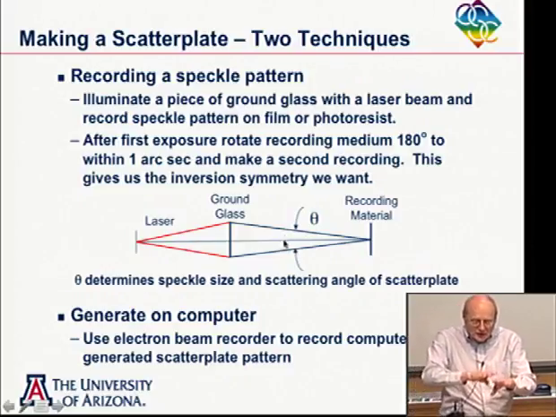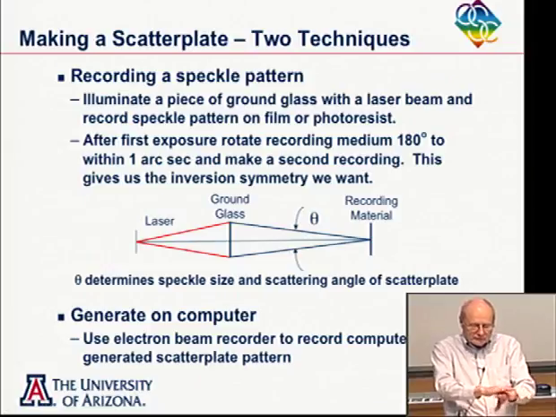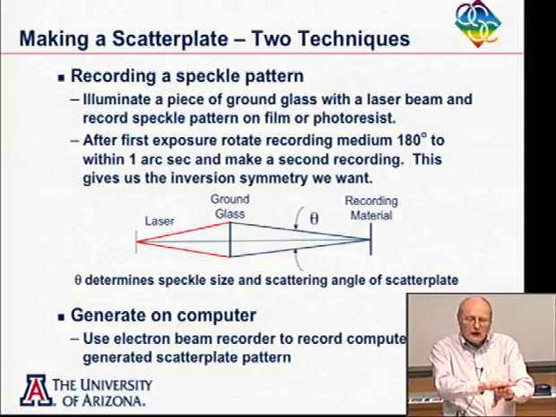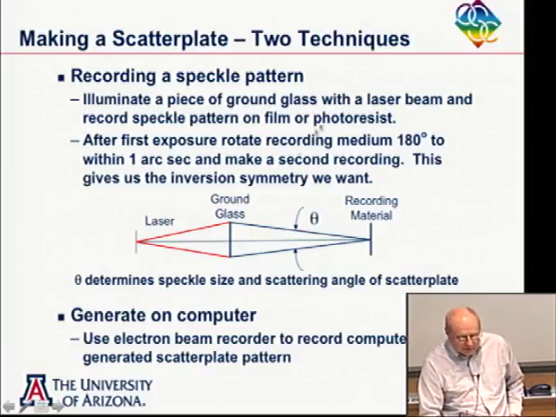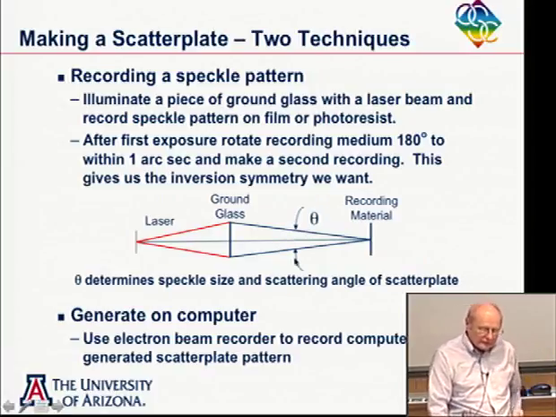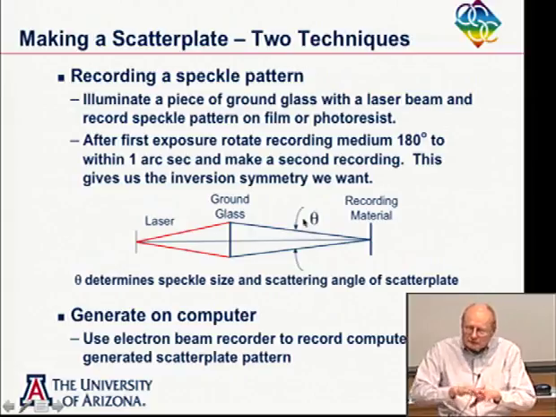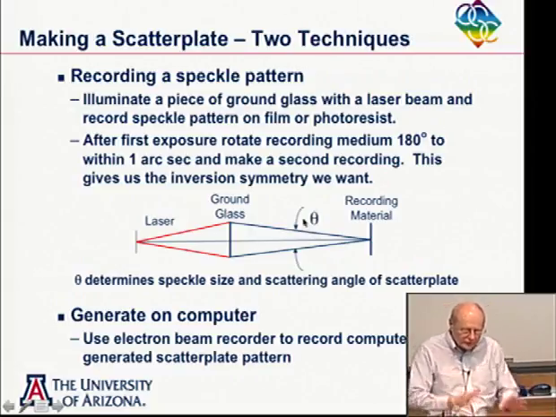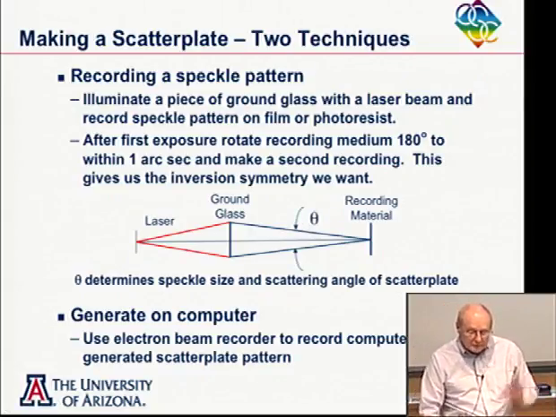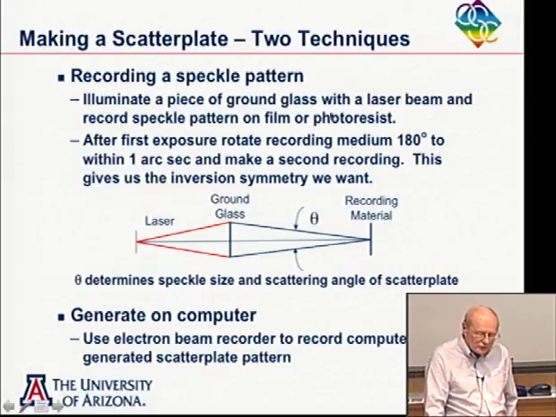So a lot of the scattering, if I make this with an angle theta here, and I use the same wavelength in the reconstruction, will be spread over about 2 theta. Now that's not quite right, because you have higher orders too, so it's going to be spread over more than that. But the majority of the light will be spread over something like 2 theta.